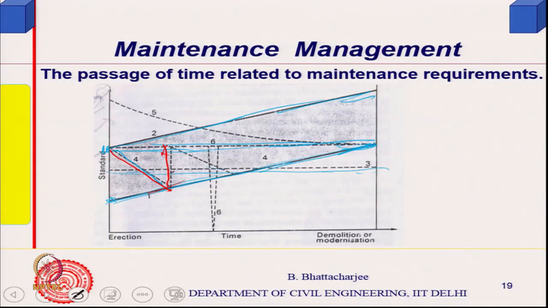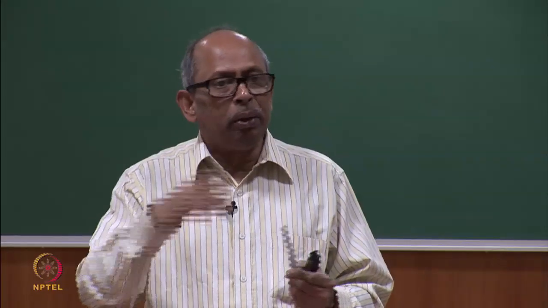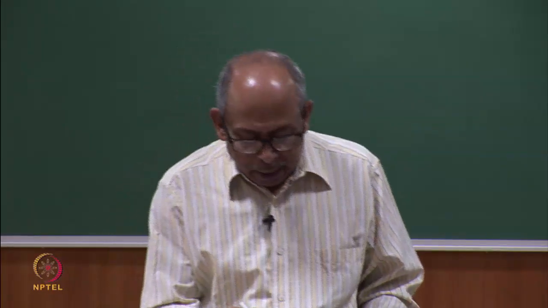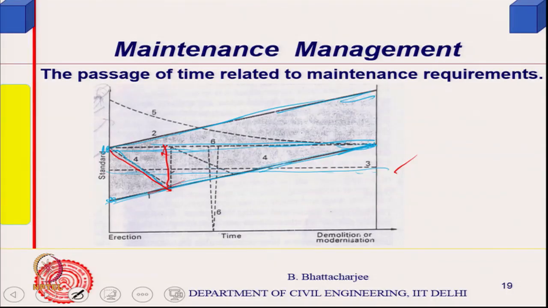So, we talked of certain items where the standard changes, where possibly I can think in terms of a range in which they will operate. Some items, item number 3, have no changes at all: foundation and structures. Another kind will show a slow deterioration process. The moment it reaches some level, I repair it and bring it back to its original state. Then again it will deteriorate, and I would need these cycles of repair. So, we have now classified 3 types of items.